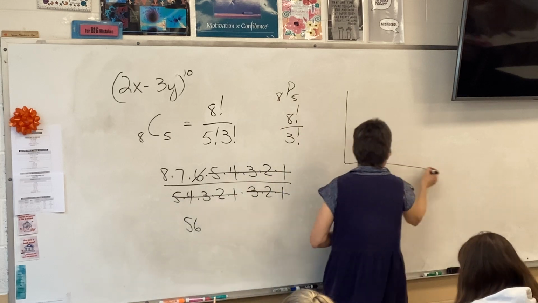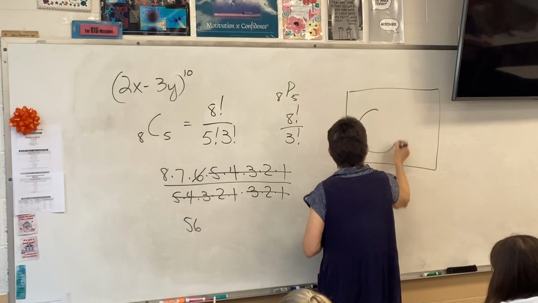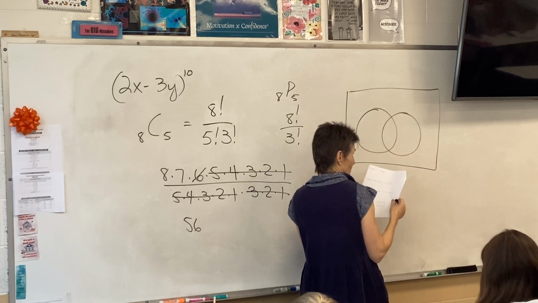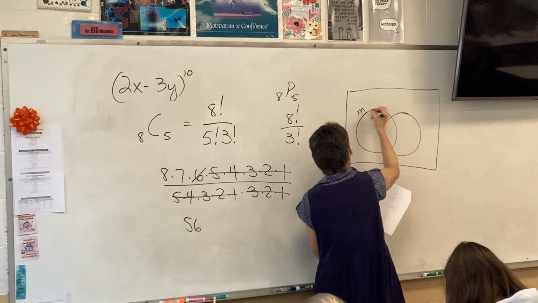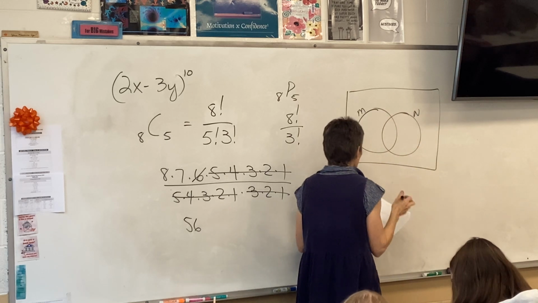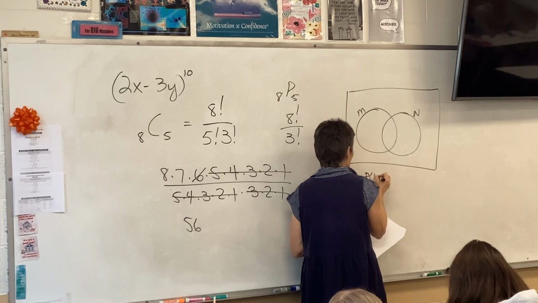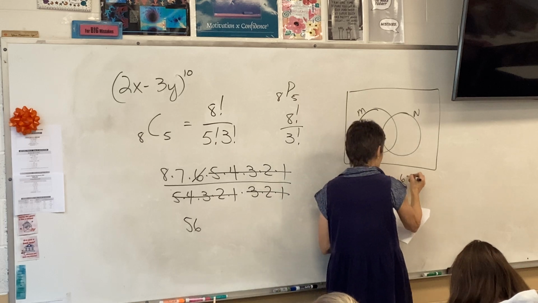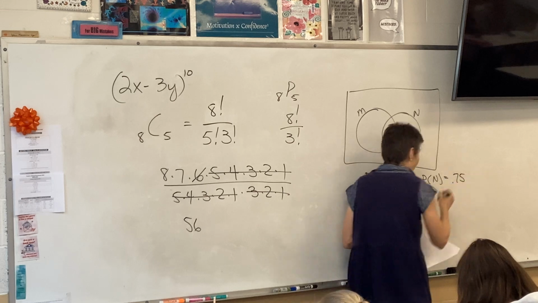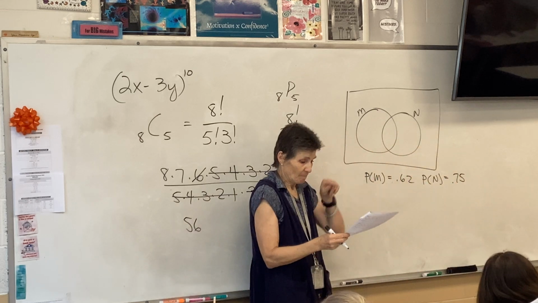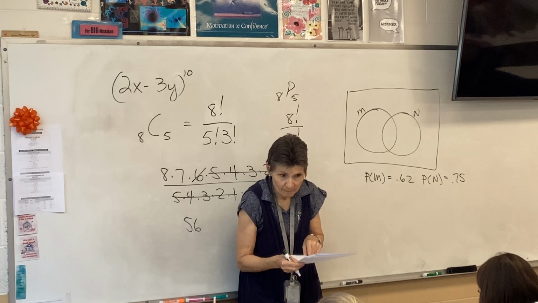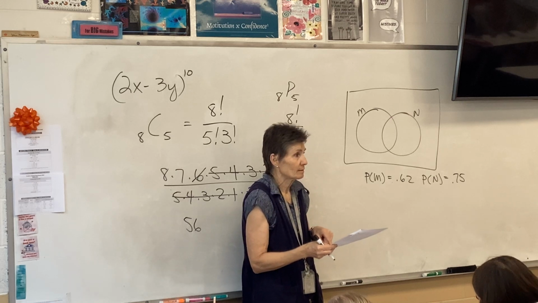Now we have one of our probability Venn diagrams. So this time we have mangoes and nuts. And somebody has figured out that the probability we like mangoes is 0.62, the probability we like nuts is 0.75, and the probability we like both is 0.51.